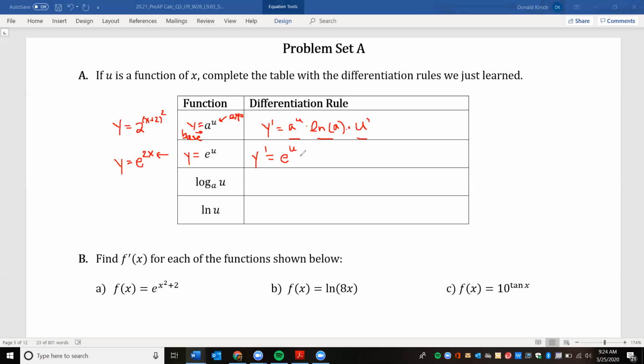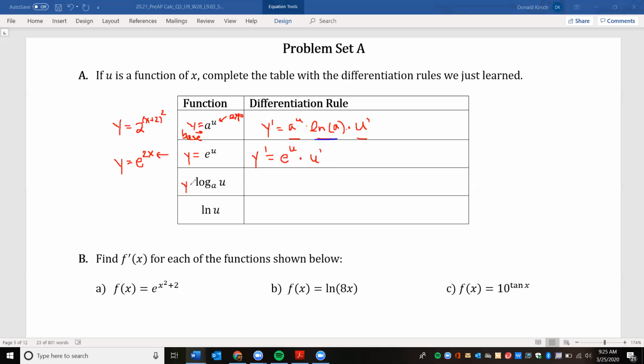But this time we don't need the ln of a, because if you think about it, our base is e. And if we take the natural log of e, those are opposites. Those would cancel out to give us a 1. So we don't really need that. So we just need to do e to the u times u prime. So really just copying down and then multiplying times the derivative of whatever your exponent is.